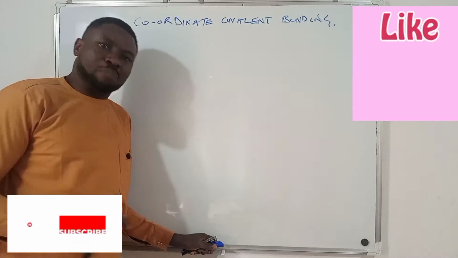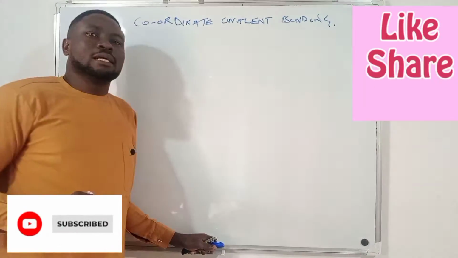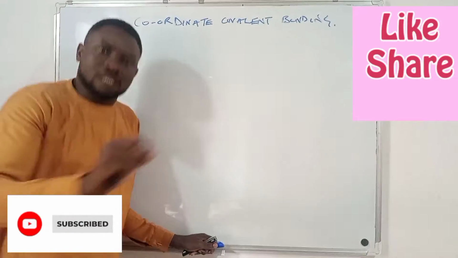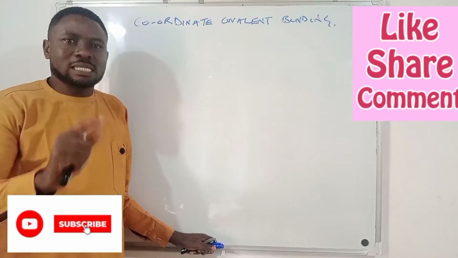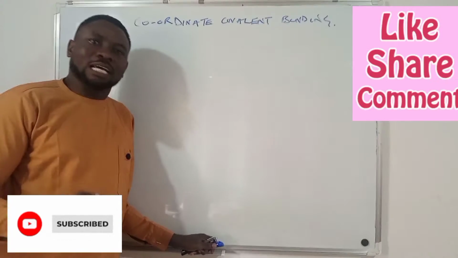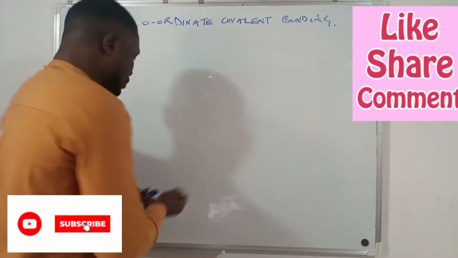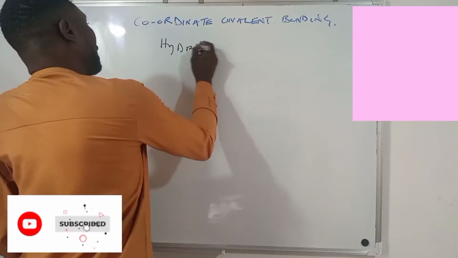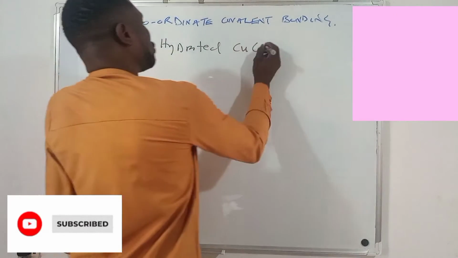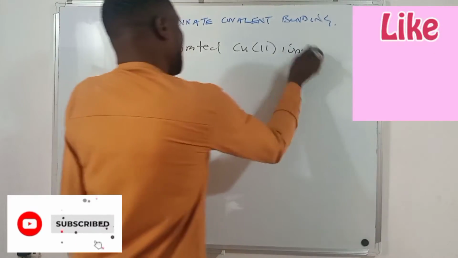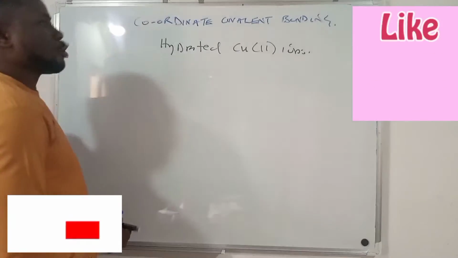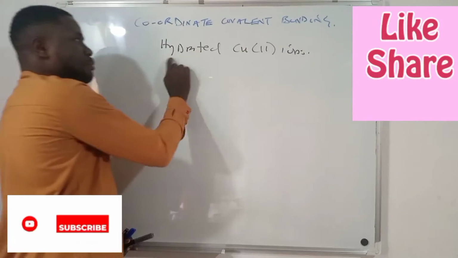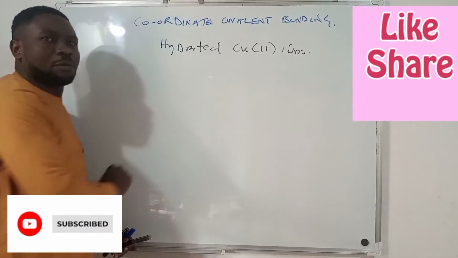Now, for you to have a better understanding, let's quickly describe dative covalent bonding in some compounds. For example, let's take the formation of the bonding in hydrated copper 2 ion. When we say hydrated copper 2 ions, it means that we have a combination of water, because hydrated here is a word that represents water.